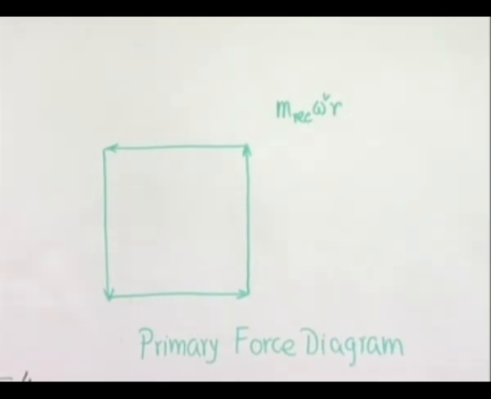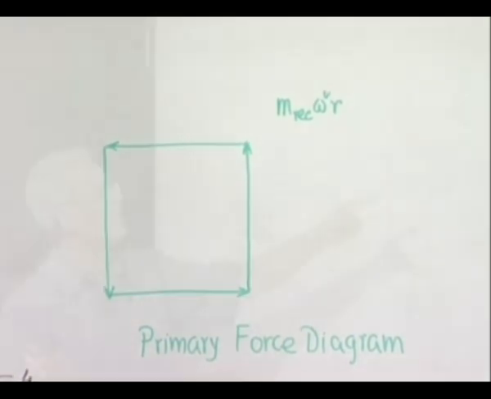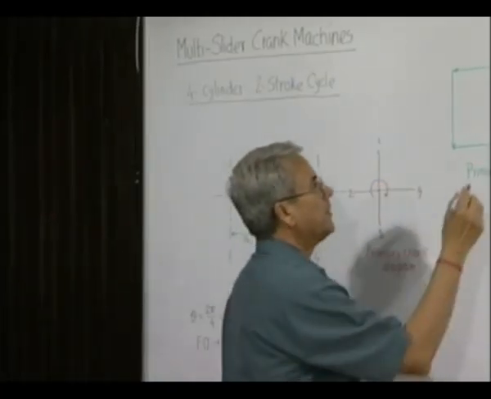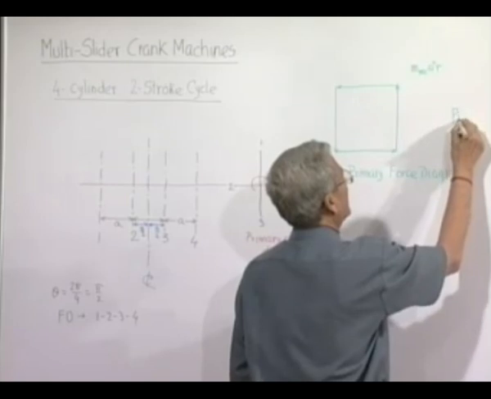As we have seen in rotary balancing cases, if there are m reciprocating placed at the crank pins, they produce zero total resultant force in the whole engine, because the force vectors form a closed polygon. So therefore primary forces are balanced.